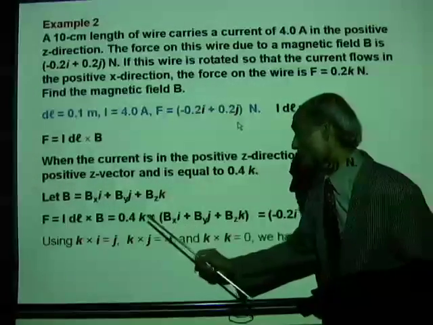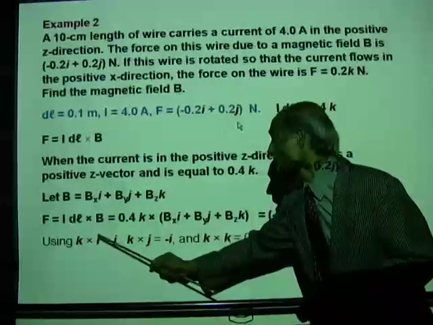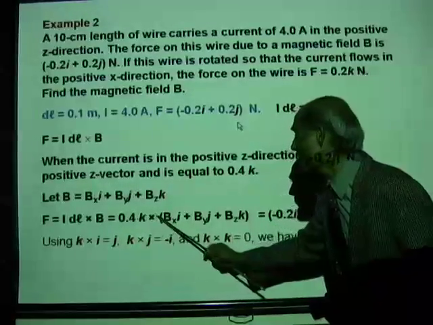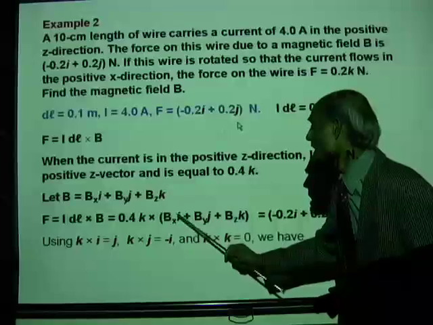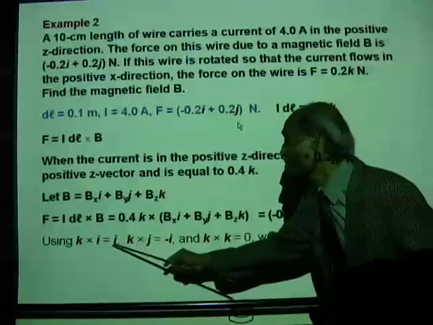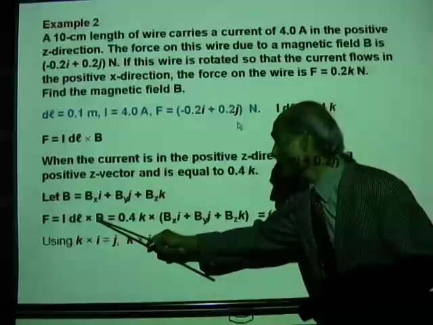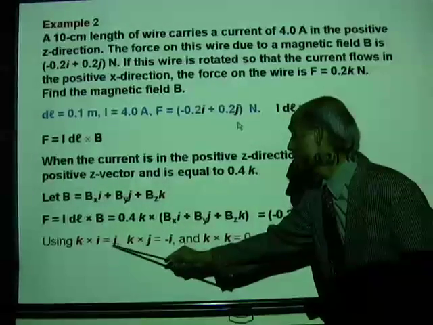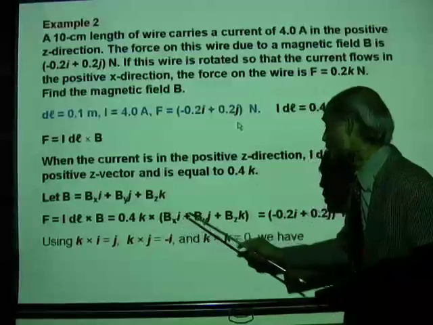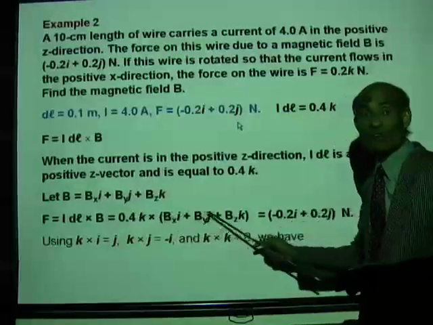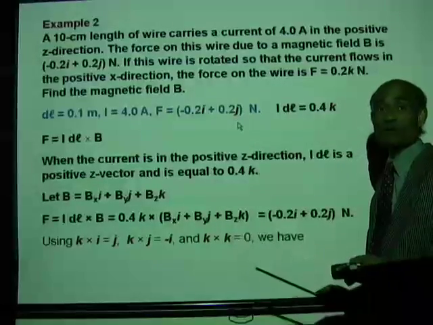Alright, now you know that K cross I equal to J. That means 0.4K cross BXI will be 0.4 BXJ. Is that right? Because K cross I equal J, and K cross J will be negative I, and K cross K will be 0.